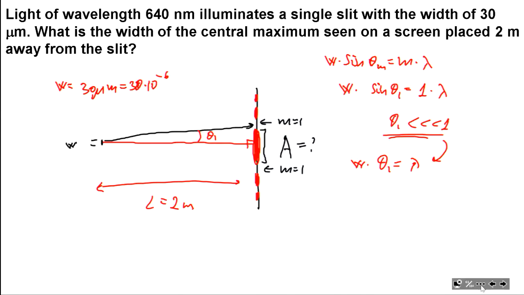now we can use this angle to calculate a half of A. This is what we used to call L1, and this is 1/2 of what we're looking for. So 1/2 of A, which is L1, from this triangle, L1 should be equal to the distance to the screen times tangent theta 1.